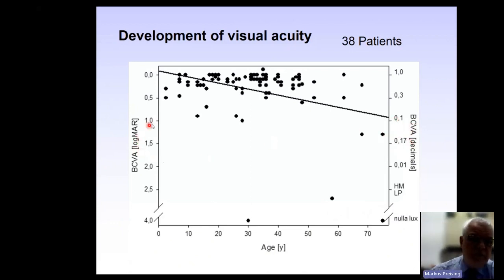On the left side it's in logMAR, and the patients with a progressing age are going down to a visual acuity of 1.0 logMAR, which is 0.1 decimals, but usually they do not go very much below that. In the younger ages, the visual acuity can be quite well and quite stable, but by the age of 50, each of the patients usually experiences a strong loss of visual acuity.